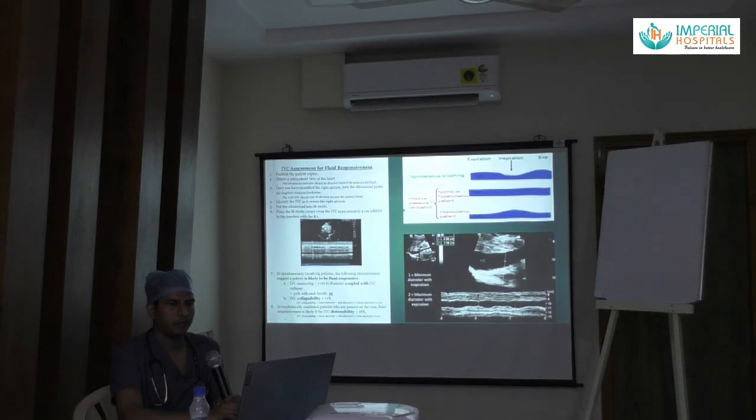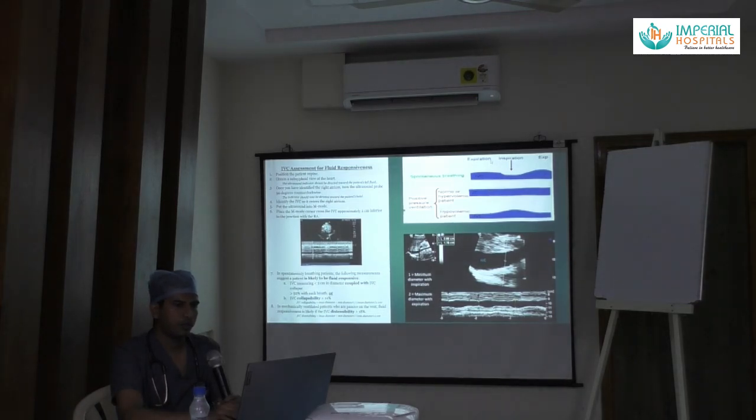When the patient is on a ventilator, during inspiration the IVC expands. So it comes in the opposite direction. This is because of the change in intrathoracic and intra-abdominal pressures. So we have to know whether we are assessing a spontaneously breathing patient or a ventilated patient.